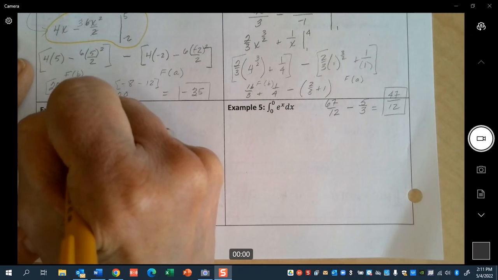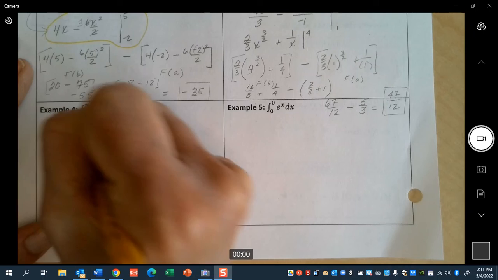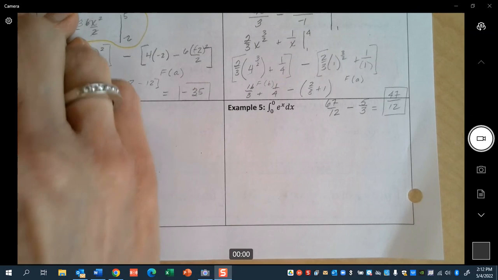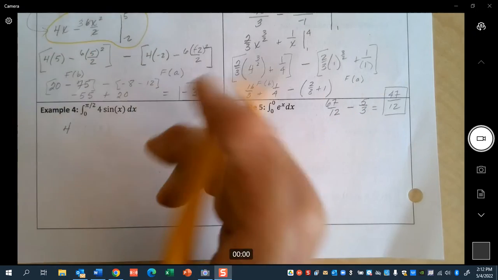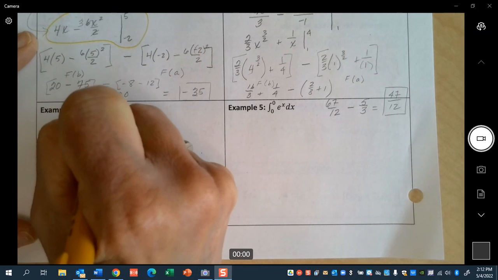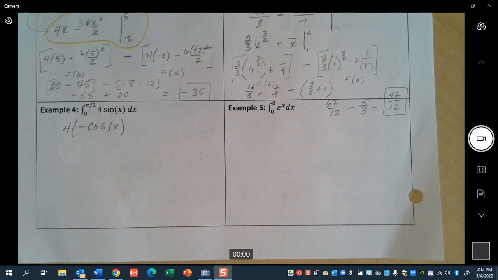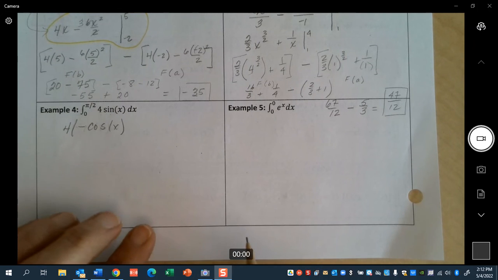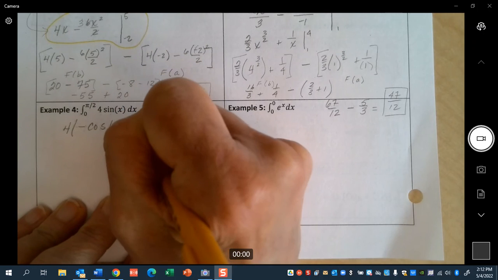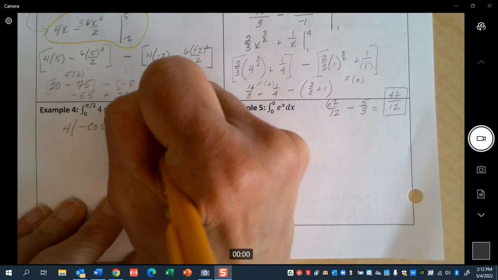Yep. Now I gotta squeeze my negative in. Four times the opposite of cosine from 0 to pi over 2.